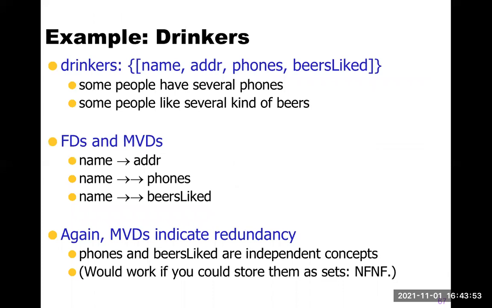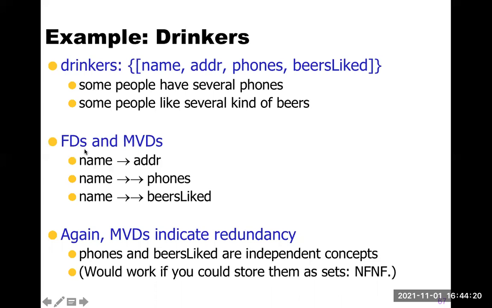Another example for drinkers. I have a table of people who have name, address, phones, and a list of beers that people like. So some people may have several phones, address is single, name is single, and name is probably the key, and people may have several phones and may like several kinds of beer.